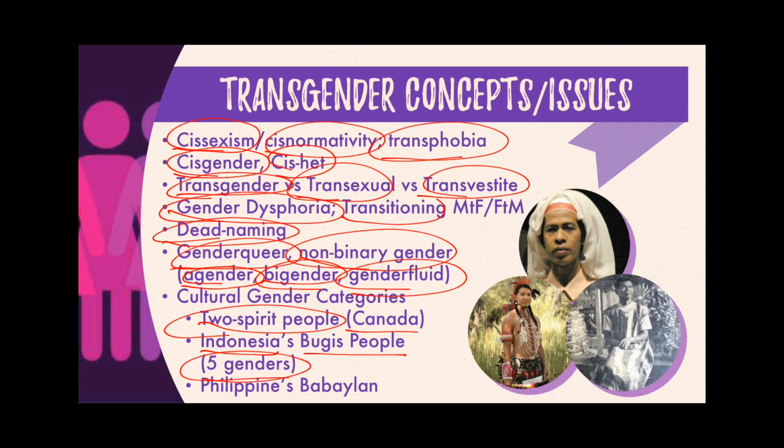And then also in the Philippines, we have the Babaylan, and the Babaylan are people in our pre-colonial history, and these people are believed to be blessed by God because the Babaylans were thought to have both the spirit of a female and the spirit of a male.